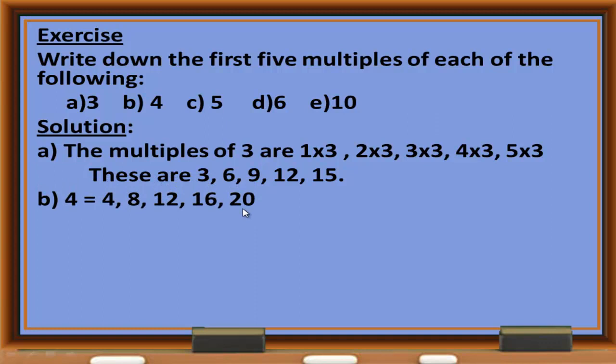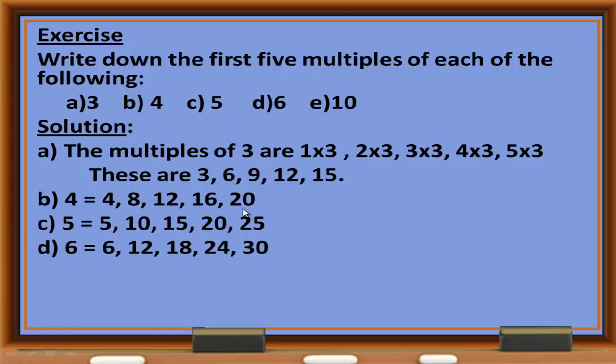B. The multiples of 4: 4, 8, 12, 16, 20. These are the first 5 multiples of 4. C. The first 5 multiples of 5 are 5, 10, 15, 20, and 25.